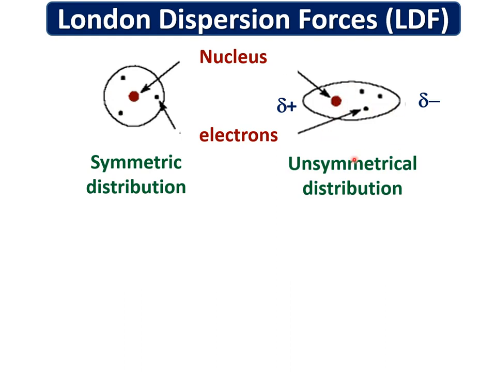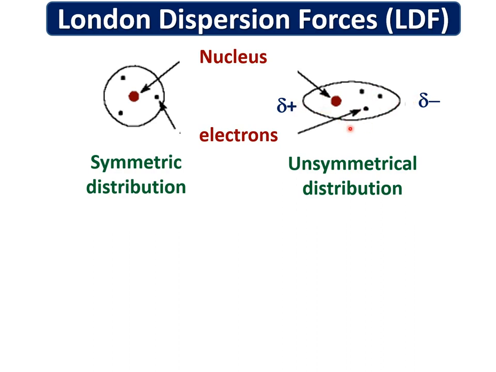momentary polarization. Momentarily or suddenly, to have the electrons on one side, like here, to have sigma negative charge, and the nucleus on the other side to have sigma positive charge. Okay, and this is an unsymmetrical distribution.